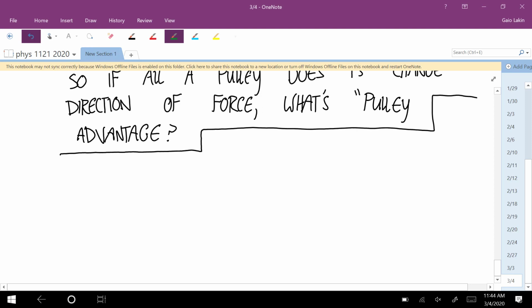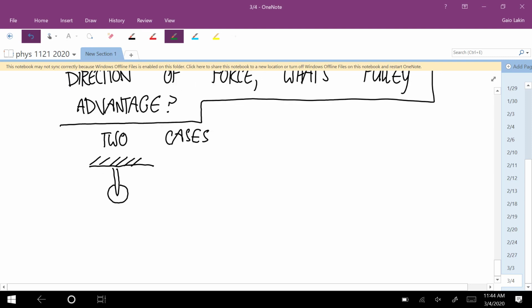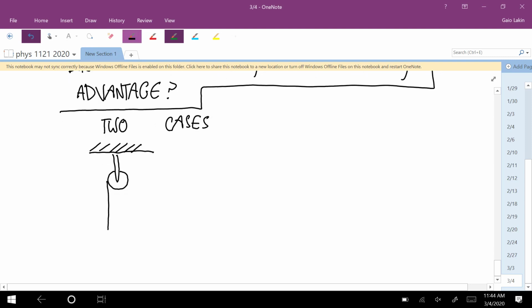Well, okay, let's think about two cases. One is like this, where we have a pulley and a mass of 10 kilograms, and a force F. And then a second case with a little more complicated setup.